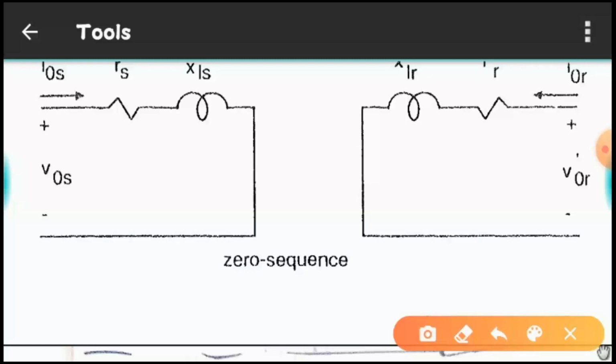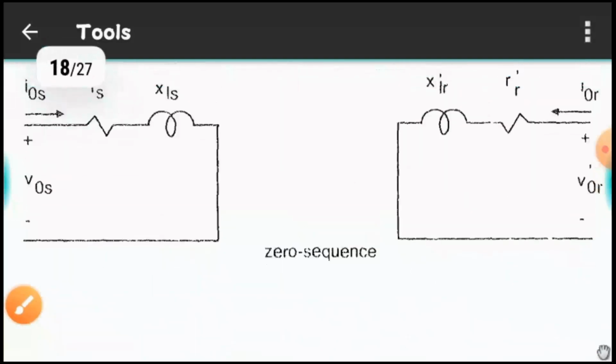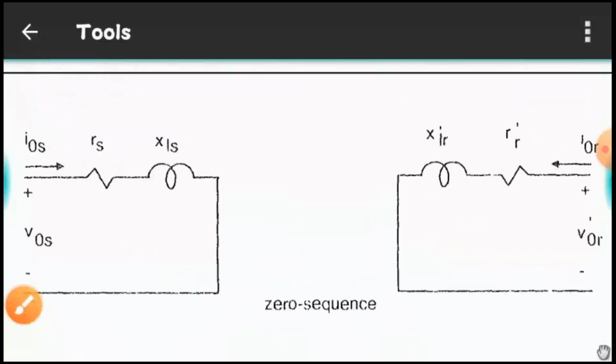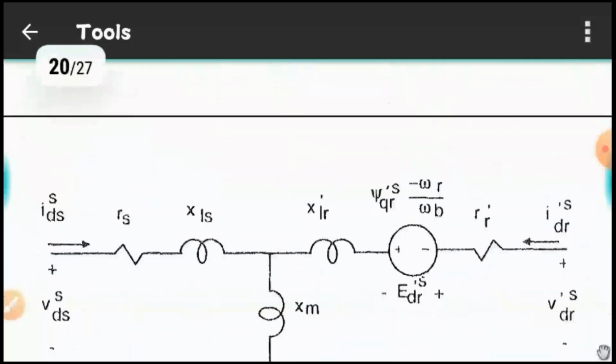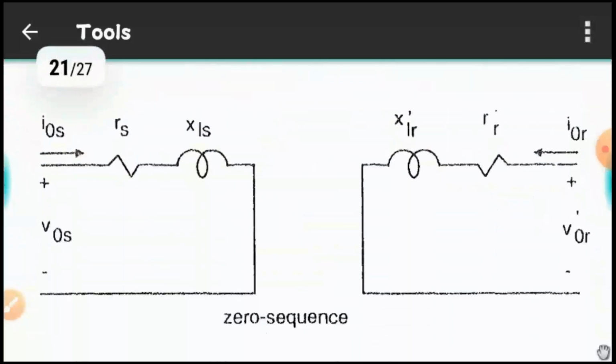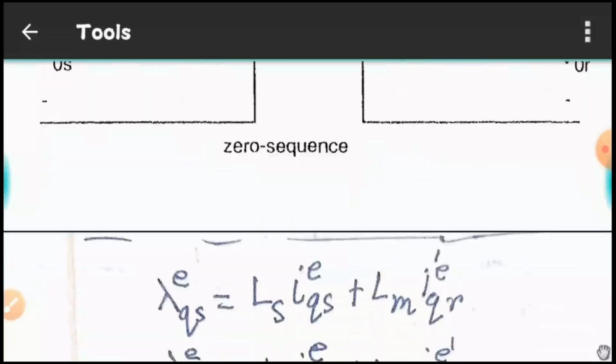He is still unaltered by your choice of reference frame speed, it remains the same. So the same thing happens here. Whatever we were having in the past, when we had some definite value for omega, we have this one, and now with omega equal to 0, still we are having the same zero sequence frame, right?